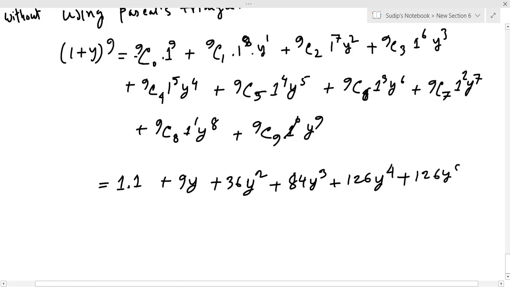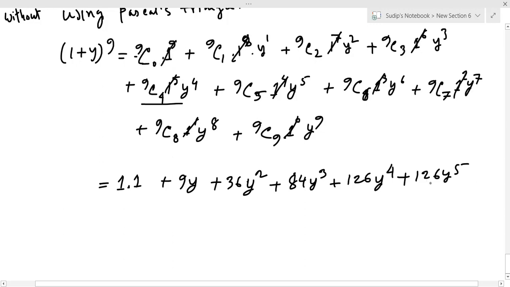The 1 power 5, 1 power 8, 1 power 7, 1 power 6 are cancelled because anything power 1 is 1. So we'll calculate like this to 126.